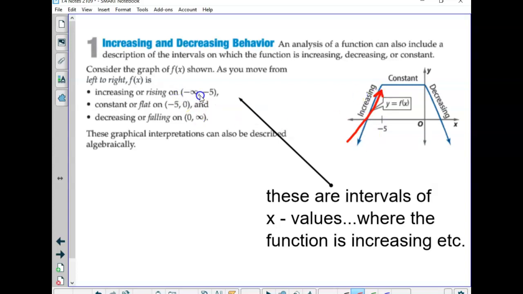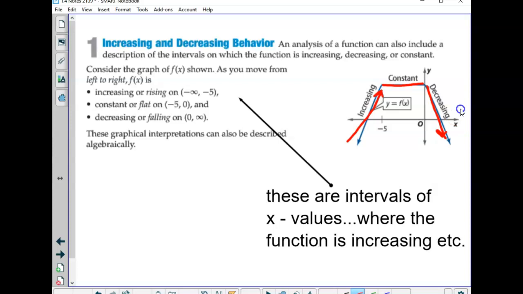From negative infinity to -5, it says. Then from -5 to 0, it is constant or flat. And then over here, from 0 to infinity, the graph is decreasing. As x increases, y is decreasing.